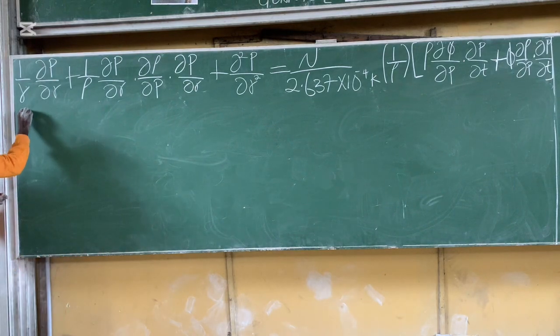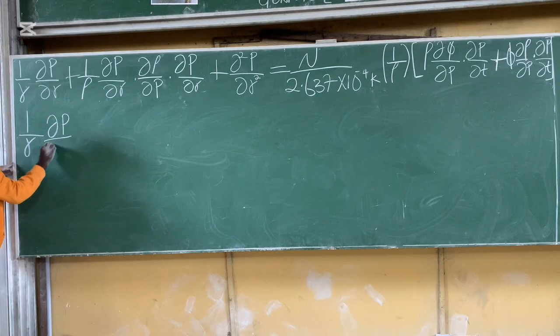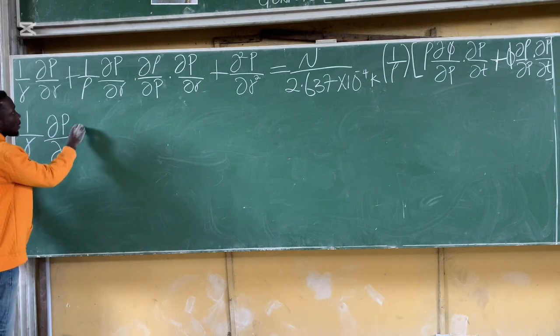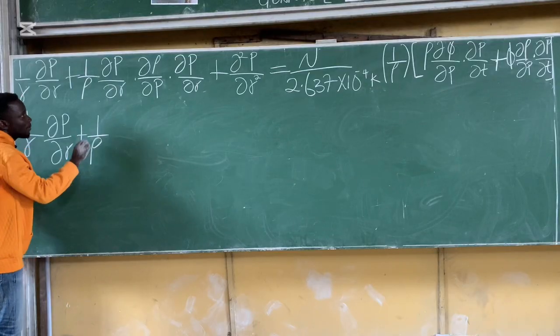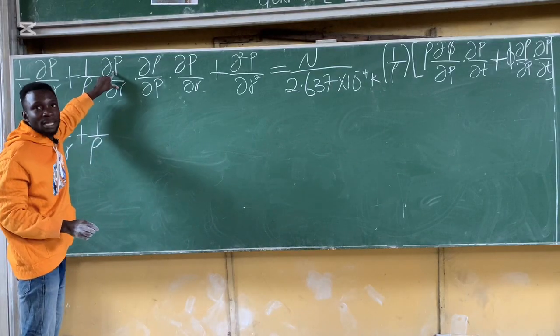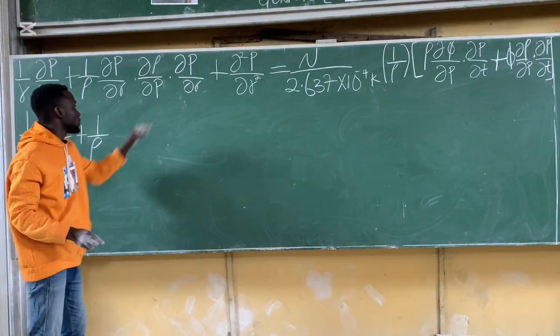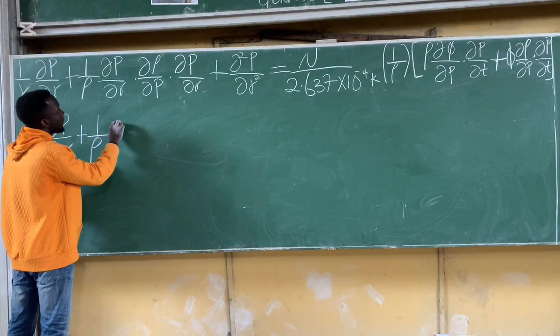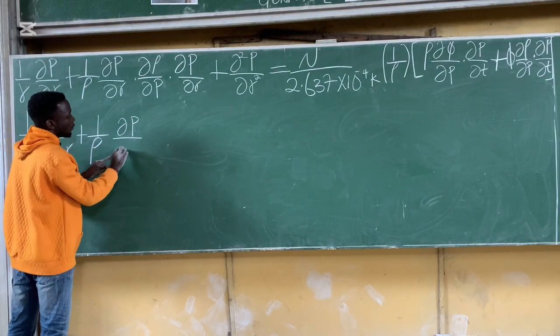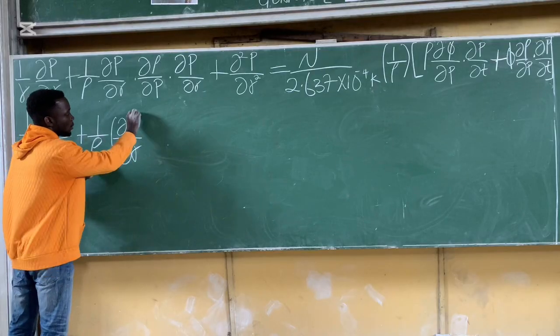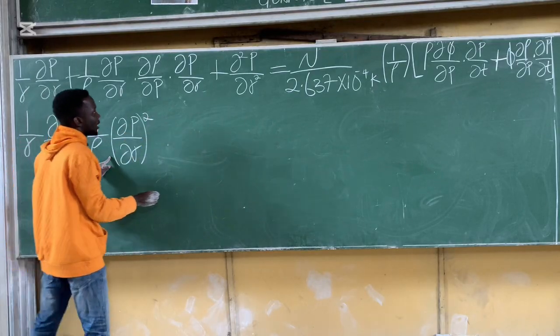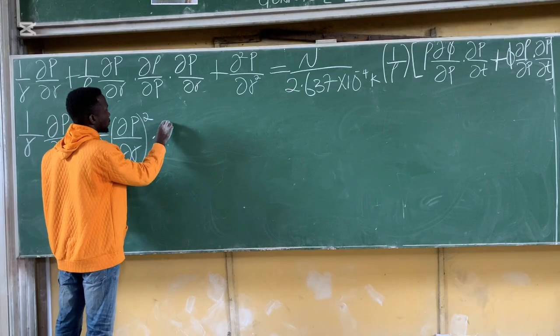We are going to have 1 over r ∂p/∂r plus 1 over rho. Remember what I said? I said that since this one is ∂p/∂r, we can simply write it as ∂p all over ∂r all the what? Square, right? Multiplied by what?